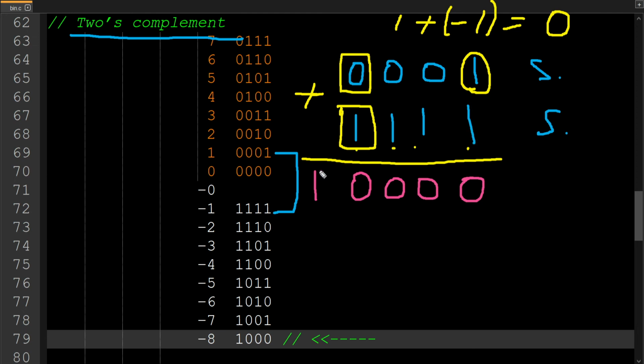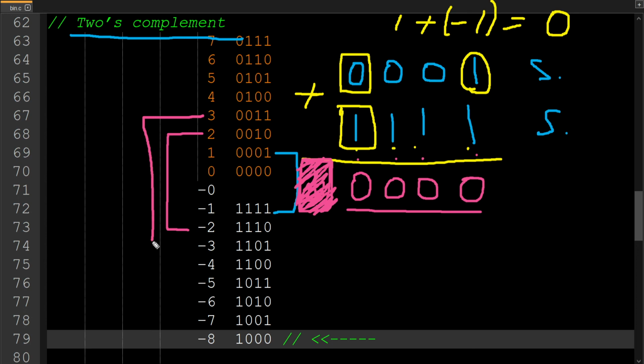And the thing is that this bit here, we do not store it, because right now we use 4-bit values, and for 4-bit values we do not store it, we do not even look at it. And what we have left here is 0. So all these values, for example 2 and minus 2, have symmetry. If you add them, you would have 0 as a result.